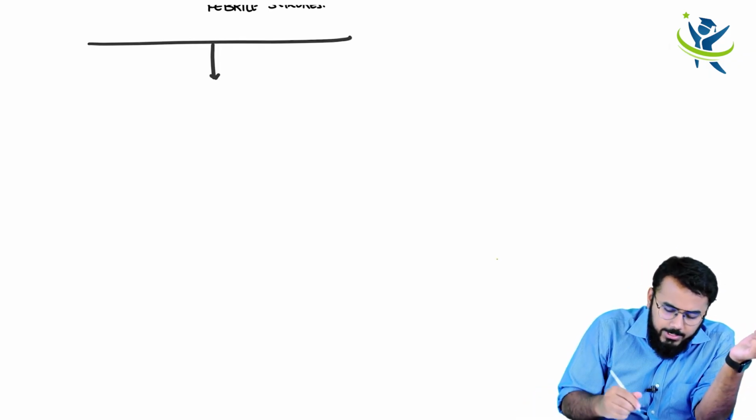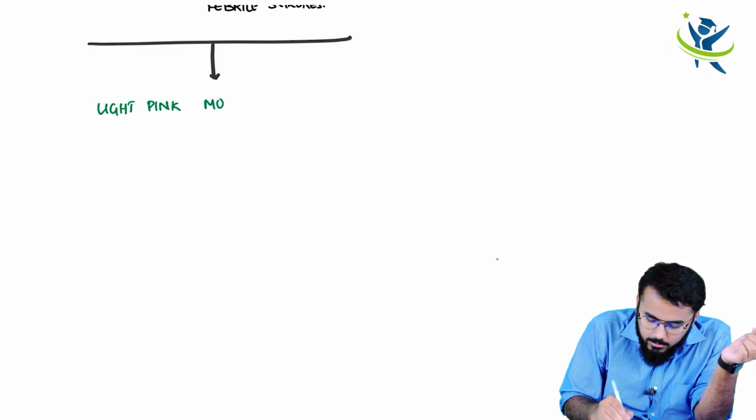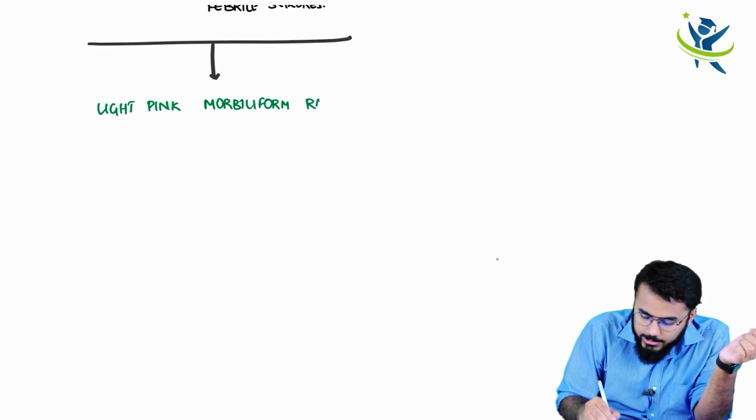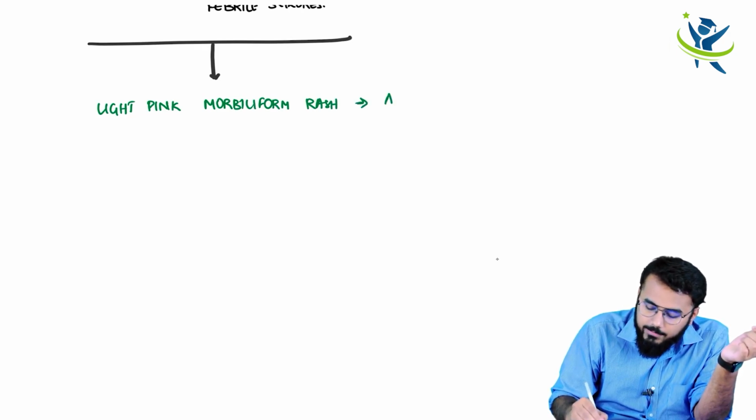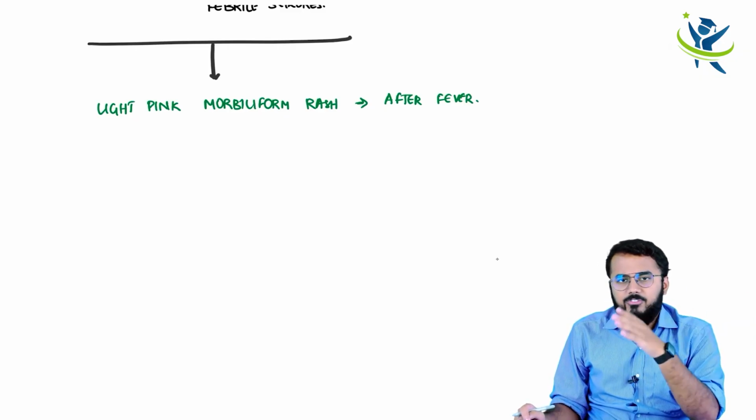Okay, so I'll show you the picture anyways. There will be light pink morbilliform rash. Light pink morbilliform rash developed immediately after the fever. And obviously within 2 to 3 days even this rash will fade away.